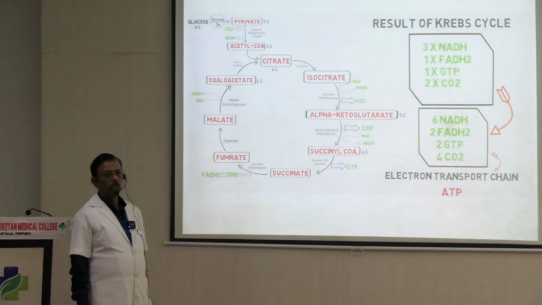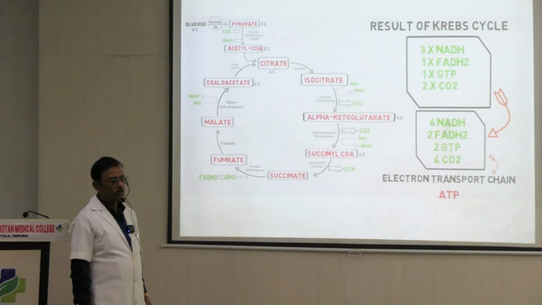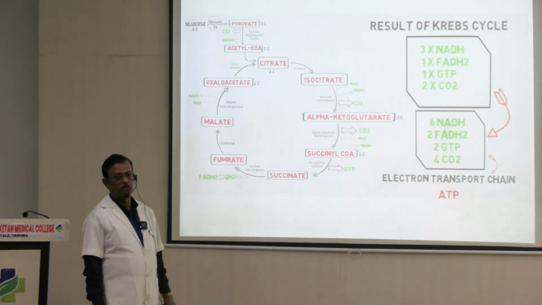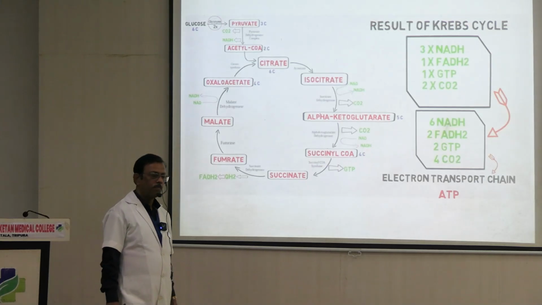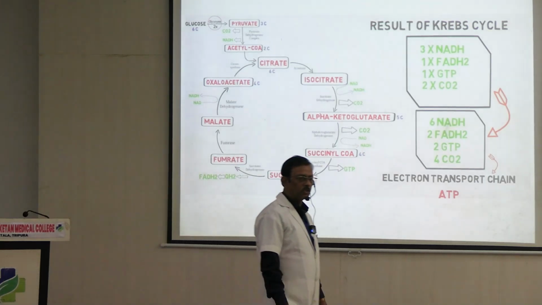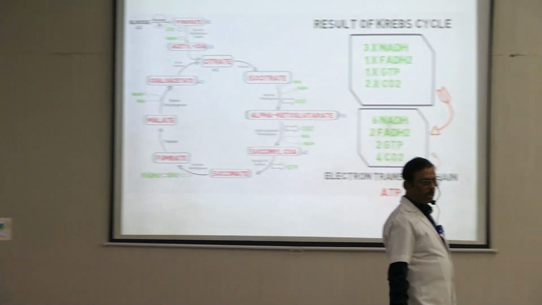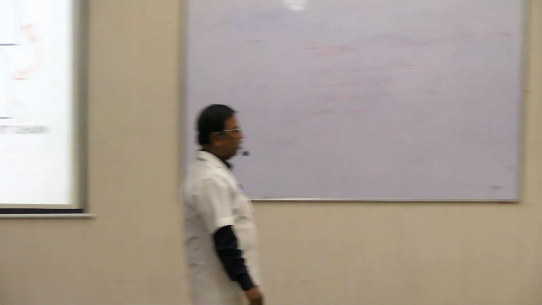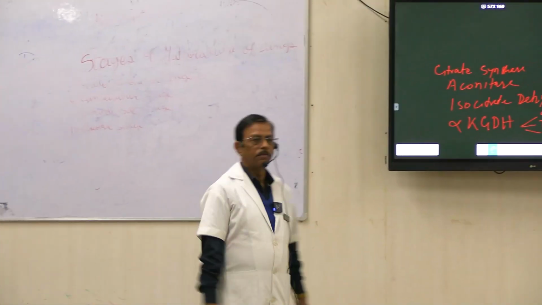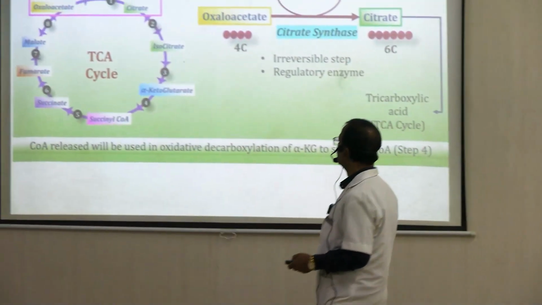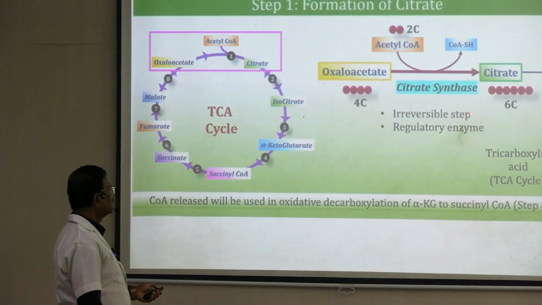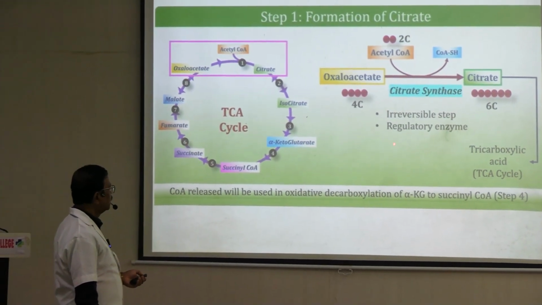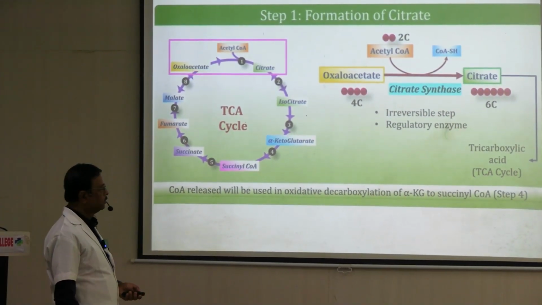This multi-enzyme complex also uses 5 coenzymes, the same coenzymes that are used in the pyruvate dehydrogenase: TPP, coenzyme A, FAD, NAD, and lipoamide. So this first reaction is irreversible and it is the regulatory enzyme.